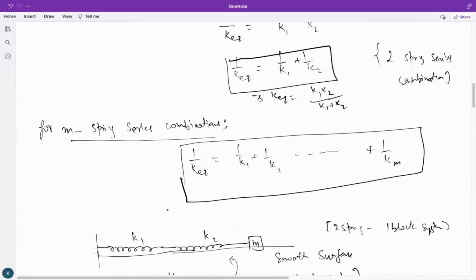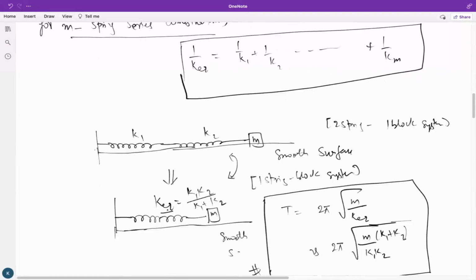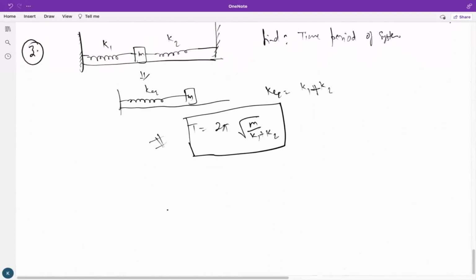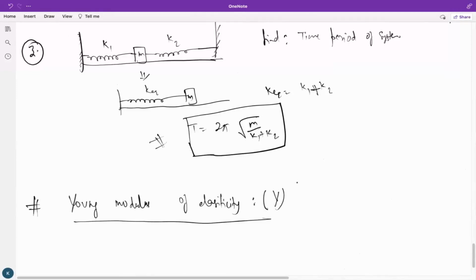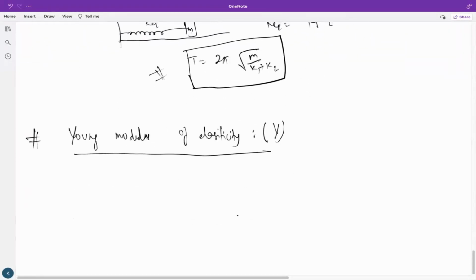Okay, so now here I am introducing a thing which is termed as Young modulus of elasticity. So what is Young modulus of elasticity? It is defined as Y is equal to stress by strain.